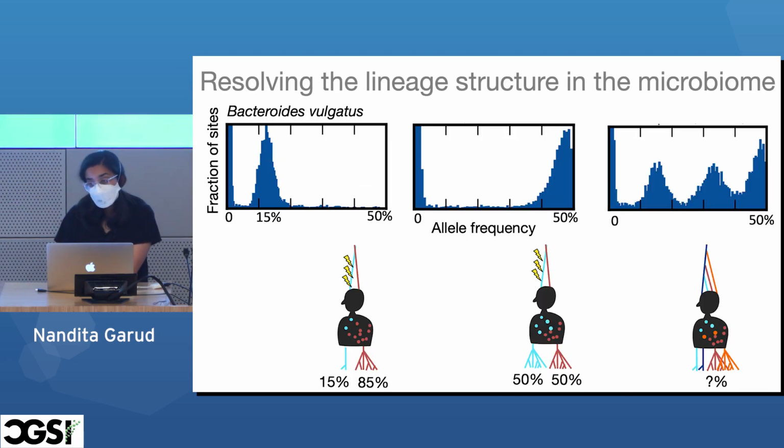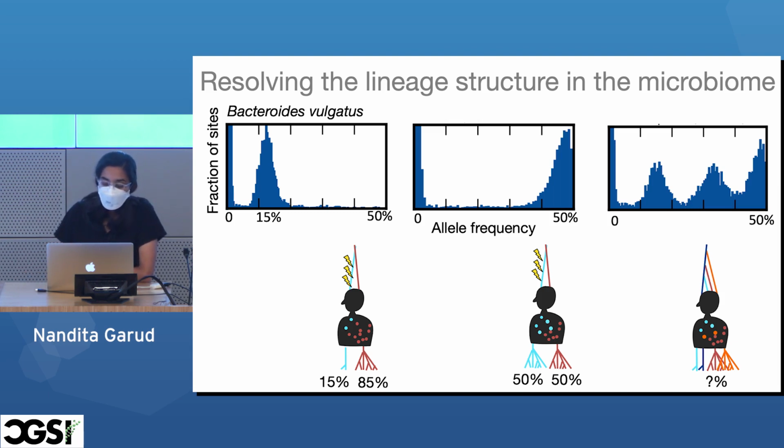Now the complication is that you only witness the allele frequencies, right? So you've already seen this plot where we're looking at the allele frequencies and we're looking at the lineage structure. And we can leverage these patterns to try to tease out the haplotypes of the most common lineages. So, for example, this host has a very common haplotype at 85%. And it is possible that we can pull out that haplotype because it's so abundant.